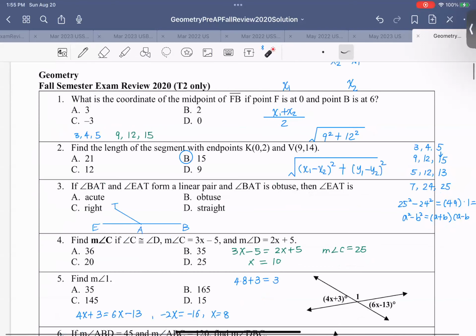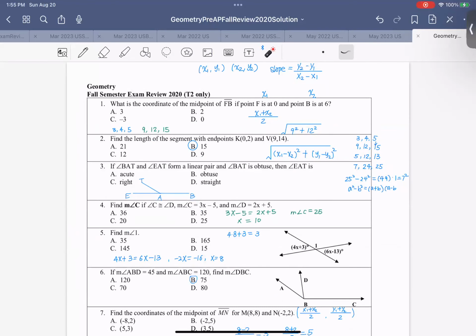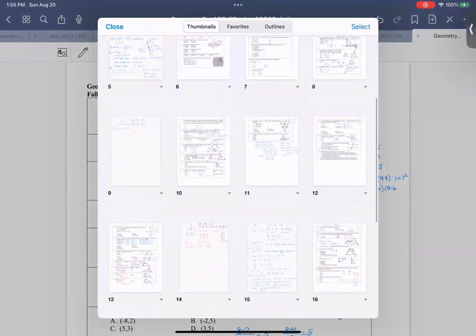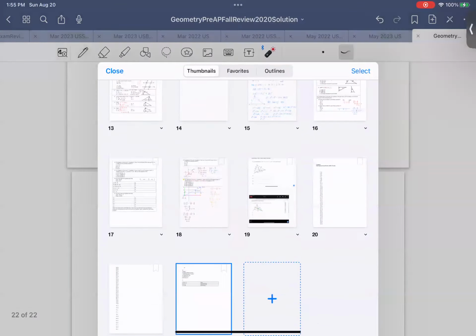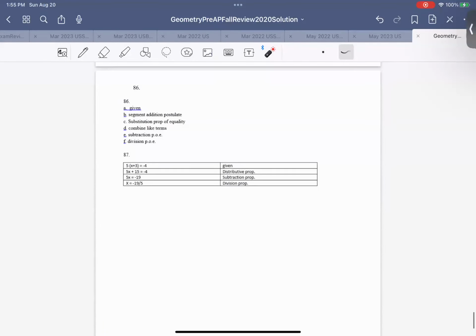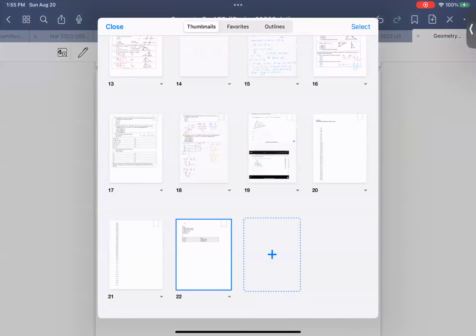The question is easy. I can tell you, how many questions do we have for this review? We have a total of 87 questions for this review. So this class and next class, we will use 2 classes to finish all the questions. At the beginning, those questions are easier, and later we will have some more complicated questions.